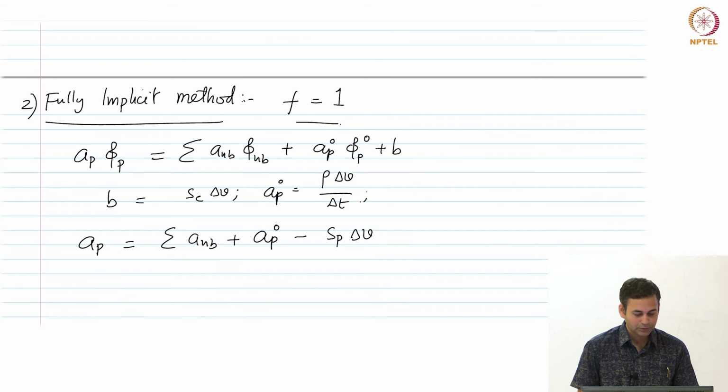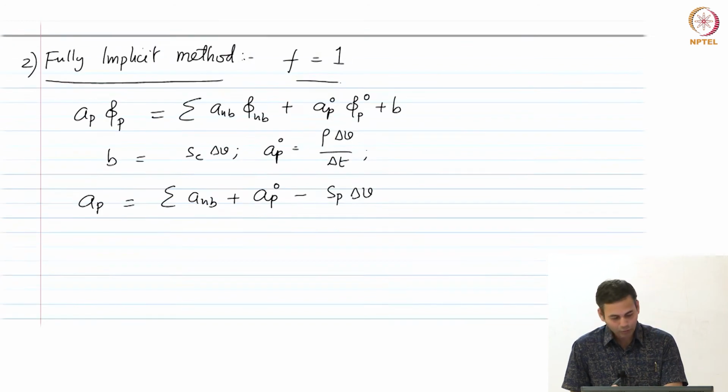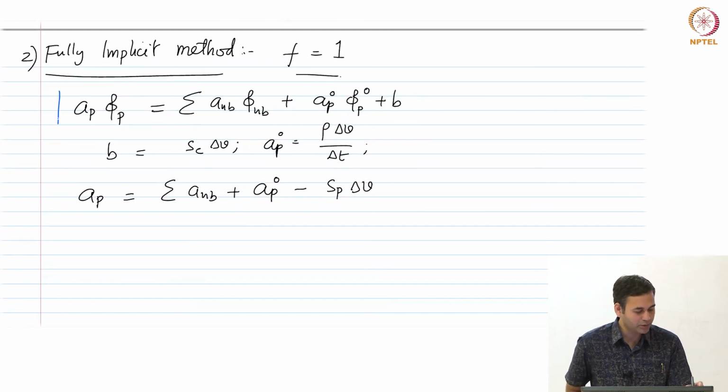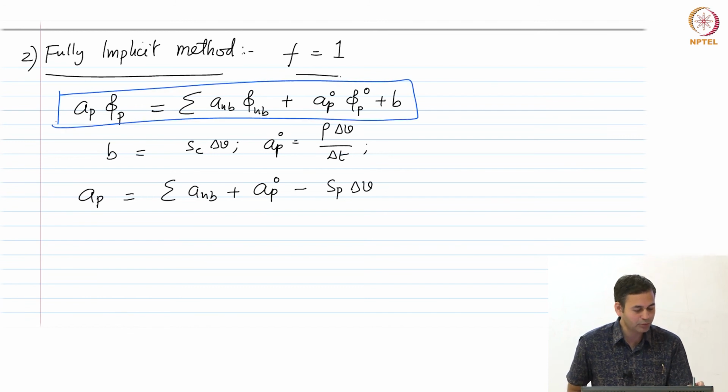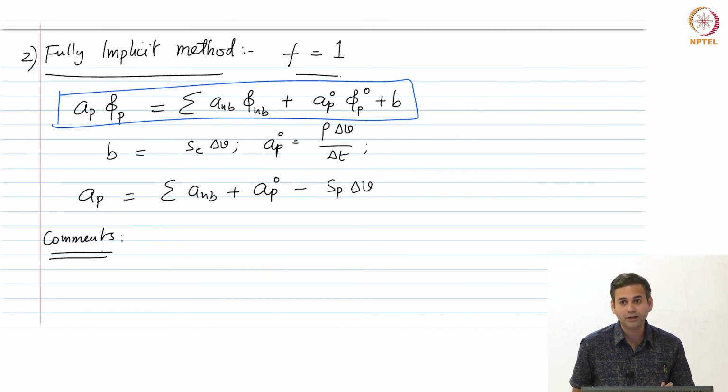Now what can you say about this equation? You would solve this equation at a particular time step, for a particular delta T. Can you substitute for phi p values and get it similar to the previous case? You cannot, because phi nb are unknown. So what would you need here?